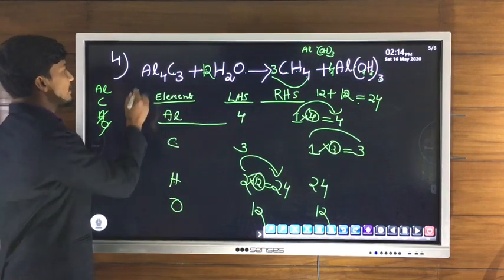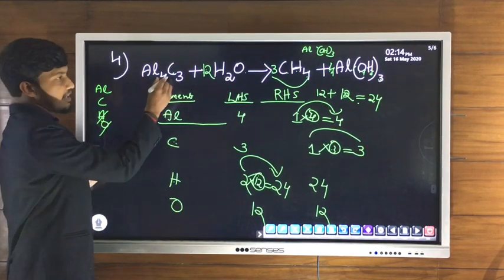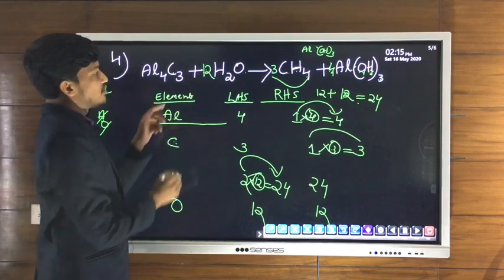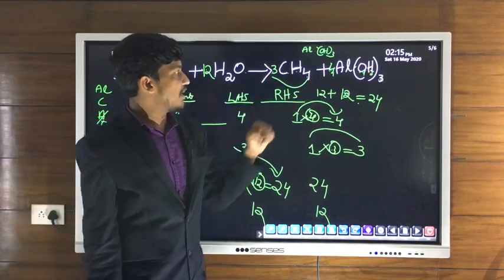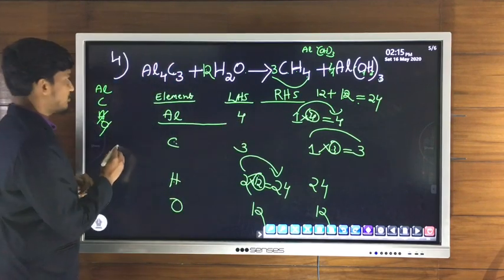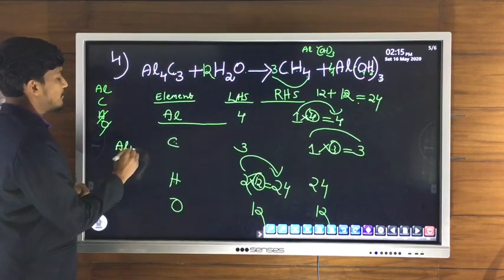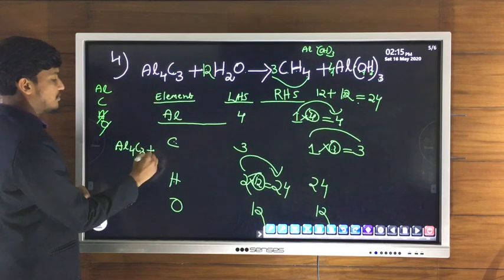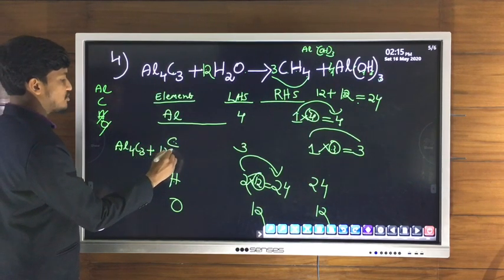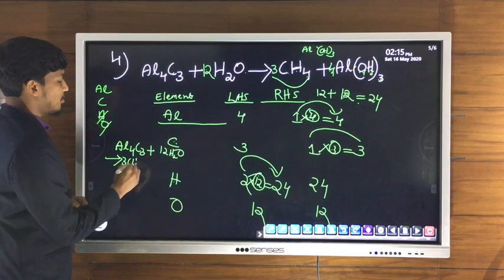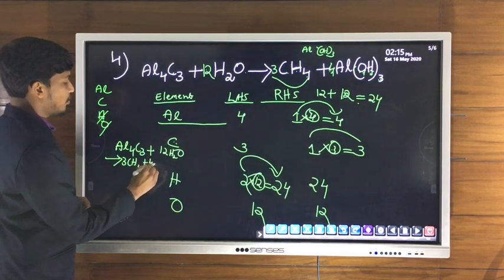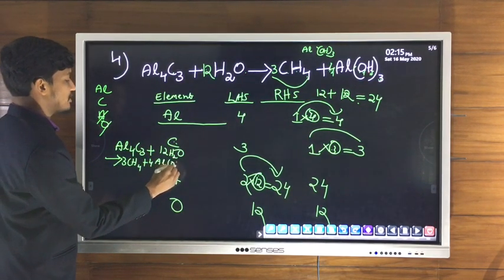So the balanced equation is Al4C3 plus 12H2O gives 3CH4 plus 4Al(OH)3.